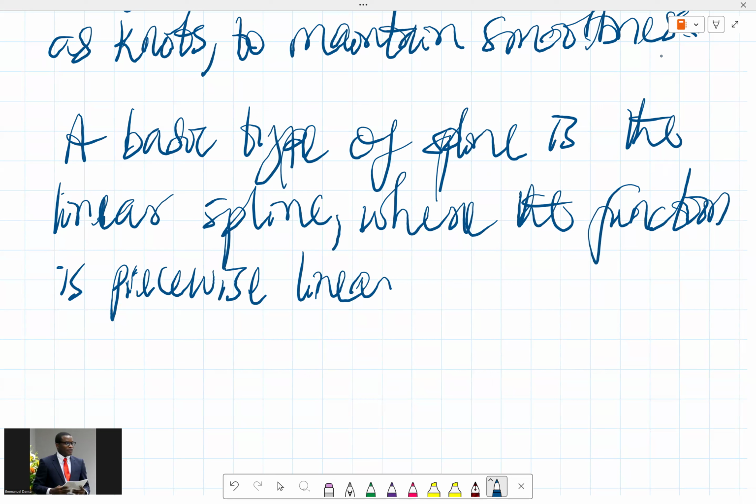That means that between one point and the other, you have just straight lines. It's piecewise linear between the knots.